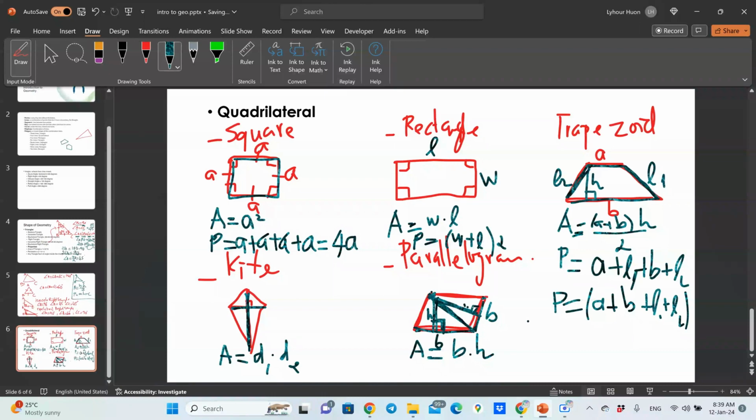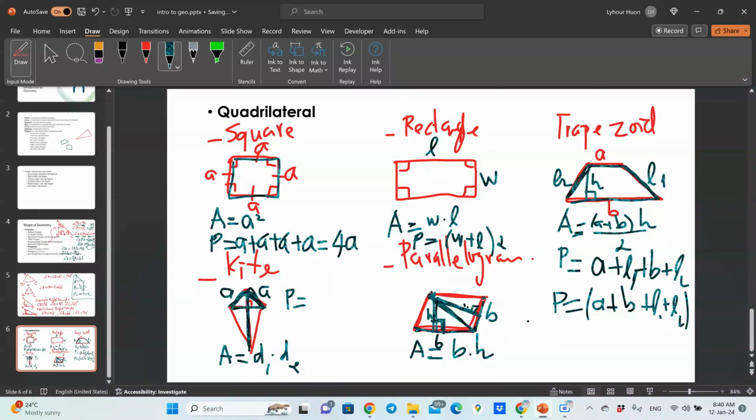How about the kite? The perimeter of a kite. What is the property of a kite? If this side and this side are the same, this one is equal to this one, let's say this is a, this is a.